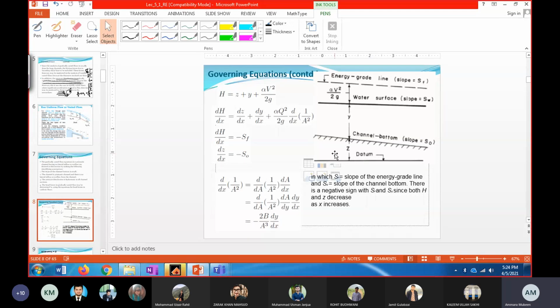So this H is the total head at one section.